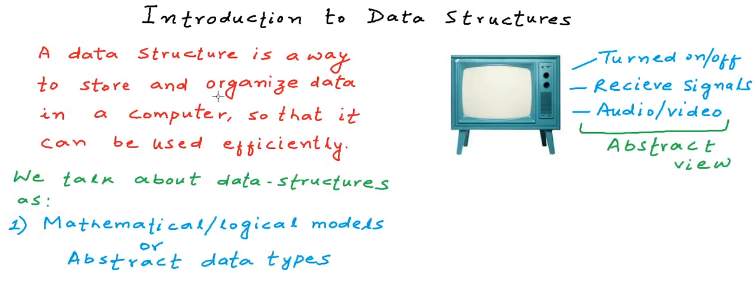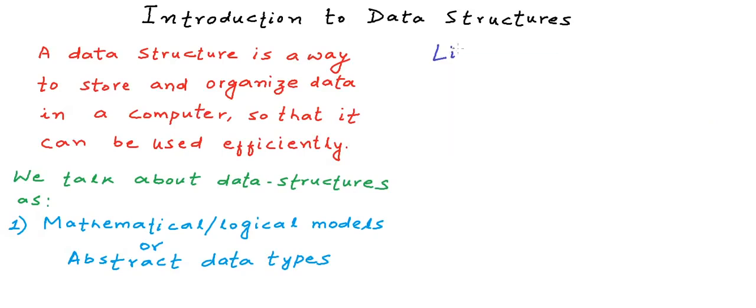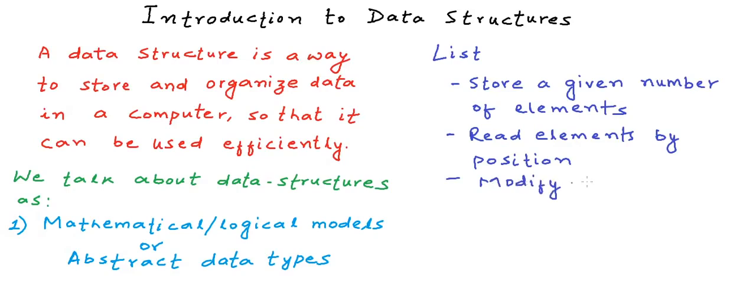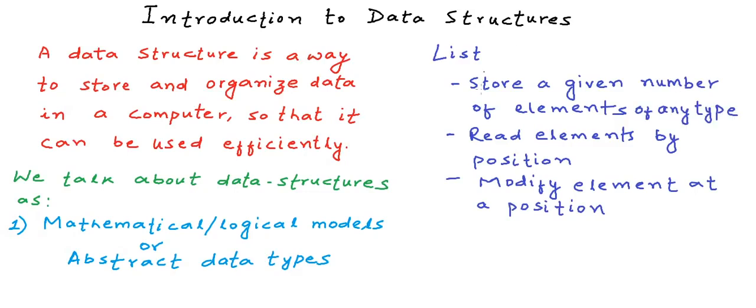An example of abstract data type can be, I want to define something called a list that should be able to store a group of elements of a particular data type, and we should be able to read the elements by their position in the list, and we should also be able to modify element at a particular position in the list. I would say store a given number of elements of any data type. So we are just defining a model.